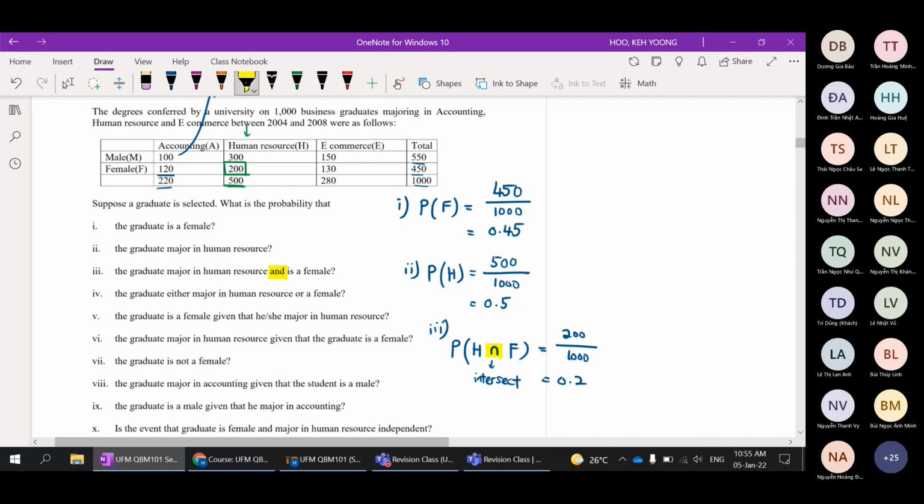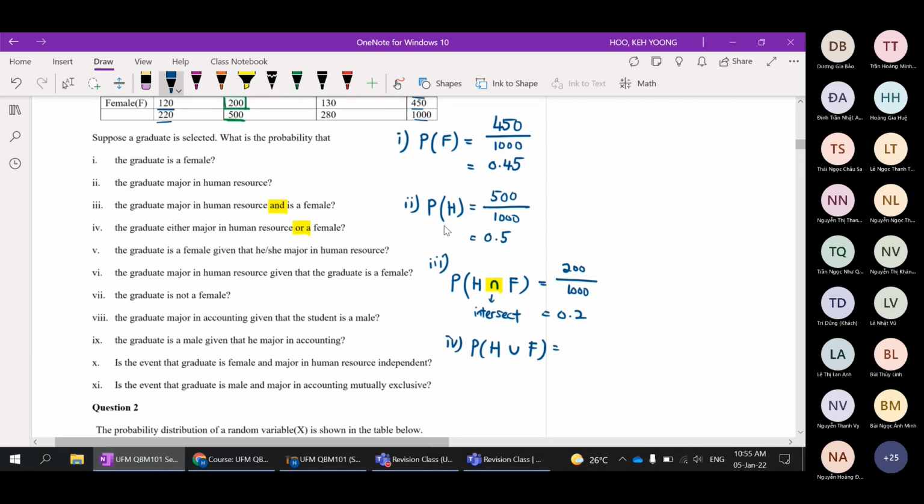How about the next question? Majors in human resource or a female. When you see the word "or", we use the union symbol, which looks like a U. This symbol is what we call the union.